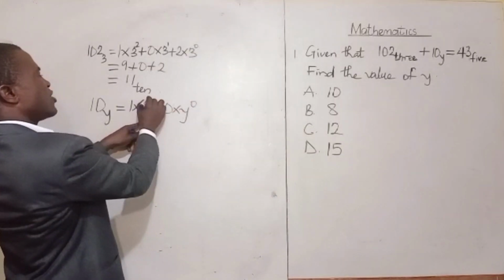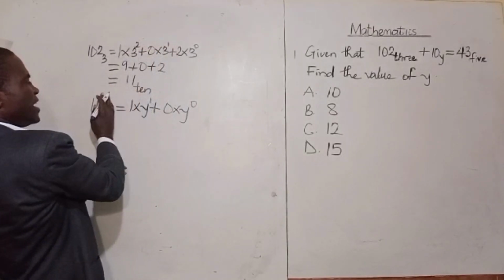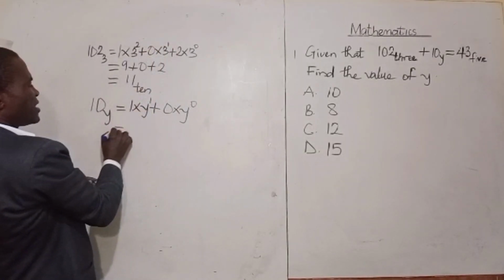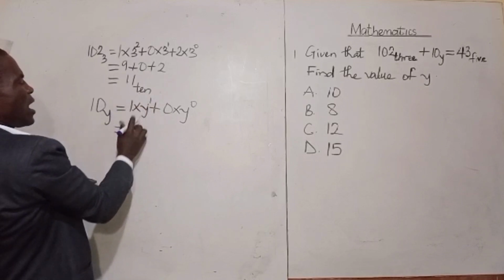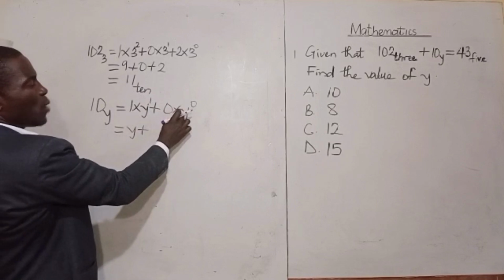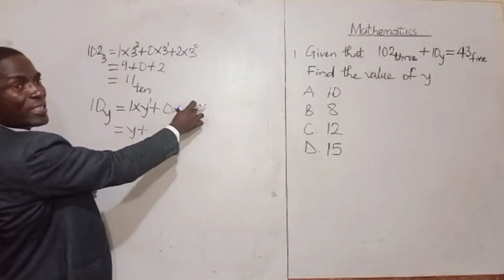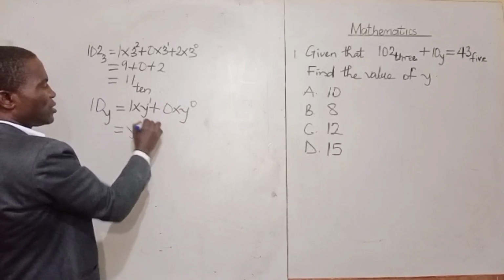The next y carries power 1, just like this. There is no other y after this. So we proceed by saying y raised to power 1 is y. y times 1 gives us y. This is y raised to power 0, it is 1. Any number raised to power 0 is 1. 1 times 0 gives us 0.